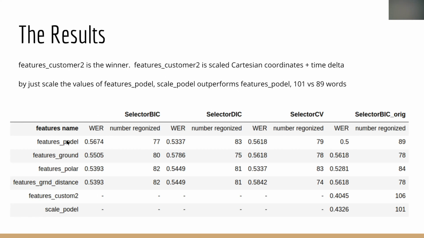So one thing I want to point out is this is the feature Podell, and this is the scaled feature Podell. This first one and the last one. This just scaled it, and the difference is it recognized 101 instead of 89. So you see the differences of those techniques to normalize data, to scale data.